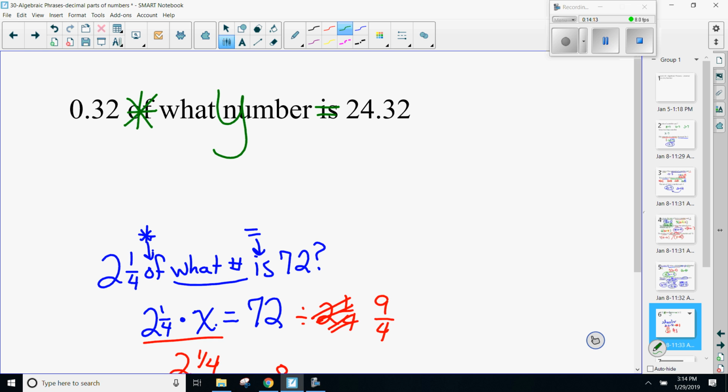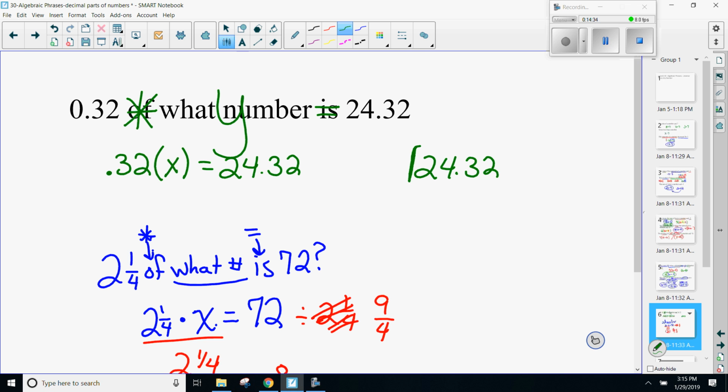So you can come up with your equation. It looks like this. 32 hundredths of what number is 24 and 32 hundredths? How do you solve that? By dividing by 32 hundredths. So you're going to take 24 and 32 hundredths and divide by 32 hundredths.